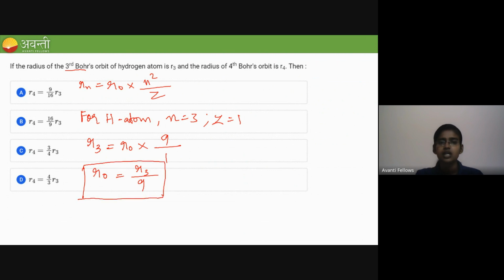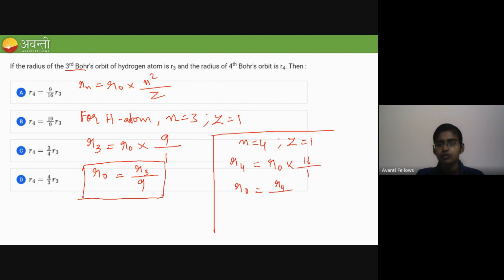Now coming to the fourth Bohr orbit, that is R4. For R4, n is equal to 4 and again Z is equal to 1. So R4 will be equal to R0 into 4 square, that is 16 by 1. So R0 is equal to R4 by 16.